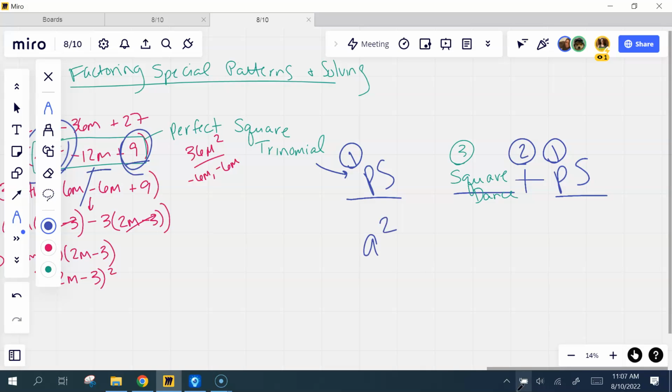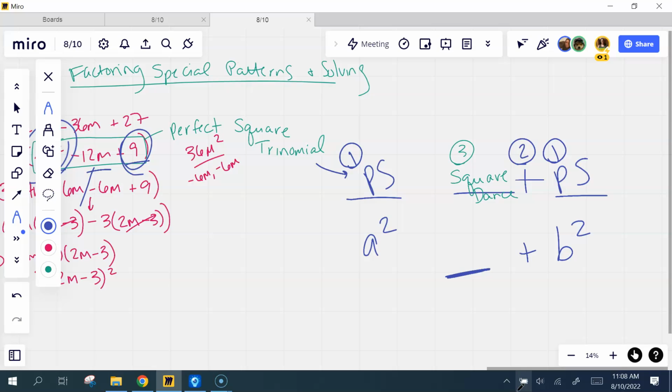Let's call this a squared, and let's call this b squared. If you take the square root of the first one, what's the square root of a squared? A. You take the square root of the first and the square root of the last. What's the square root of b squared?